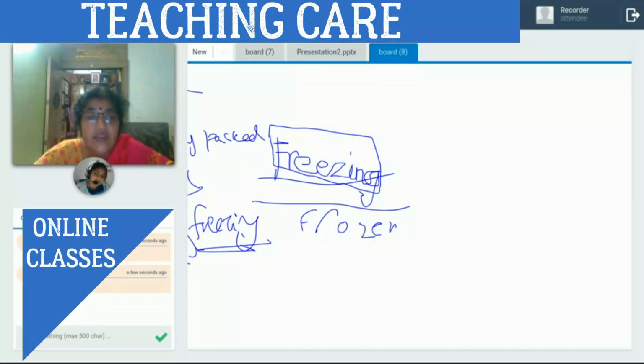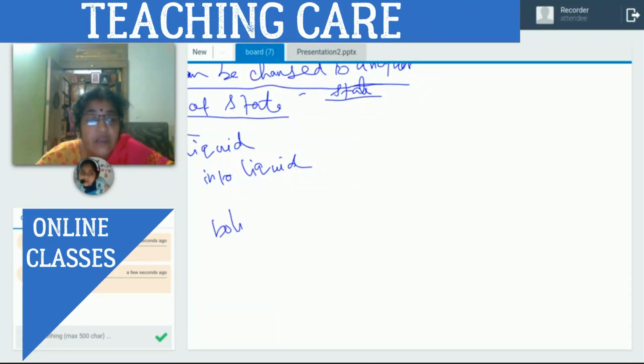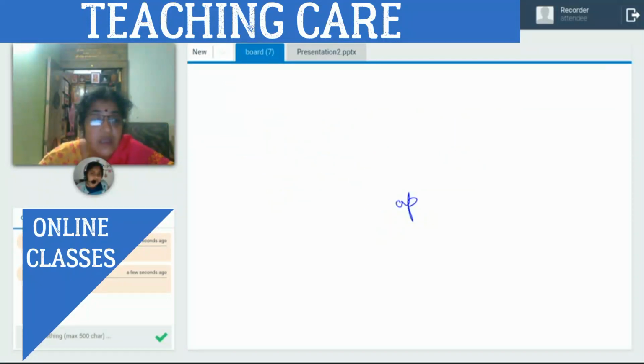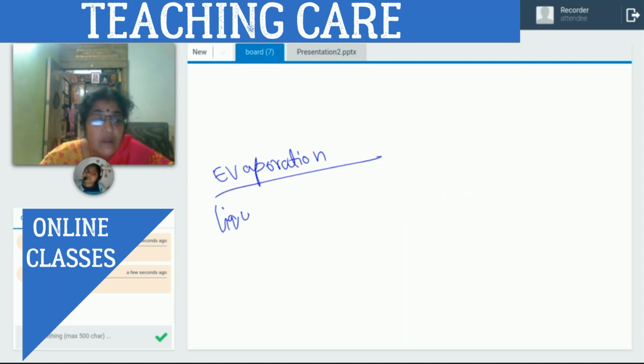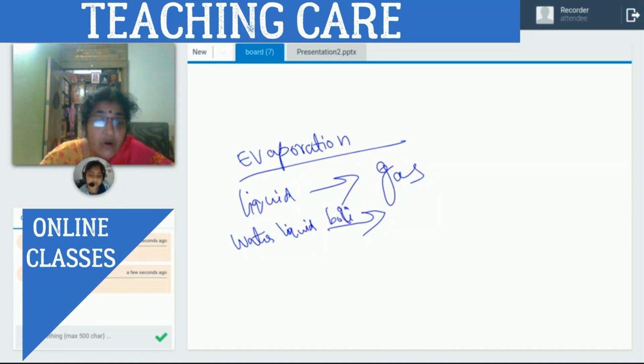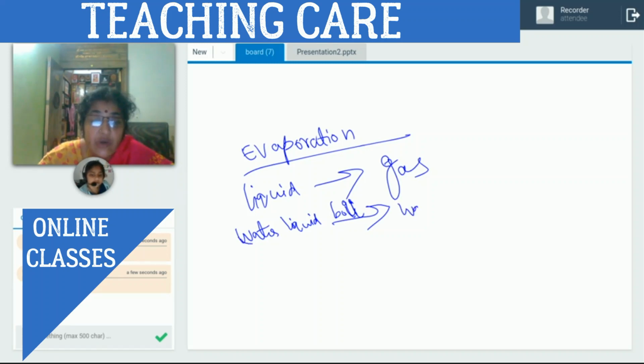So evaporation means liquid to gas. When you boil the water, the liquid water changes into water vapor.